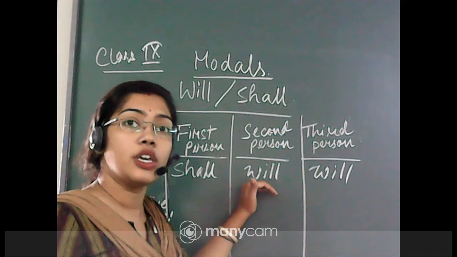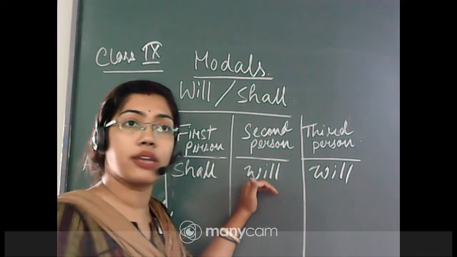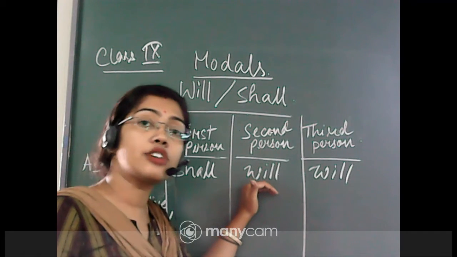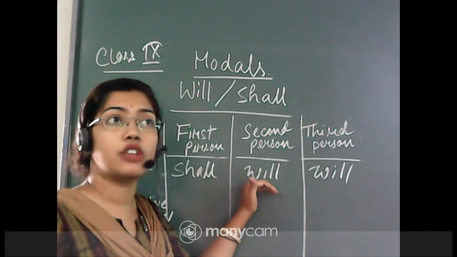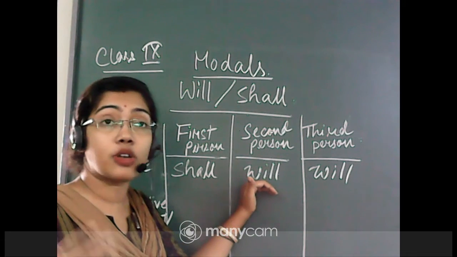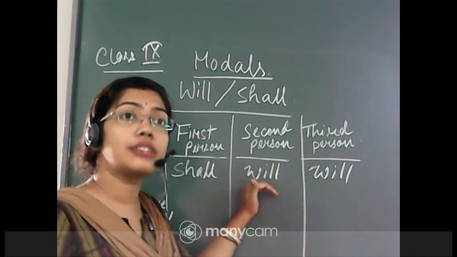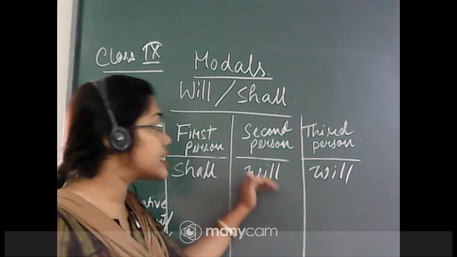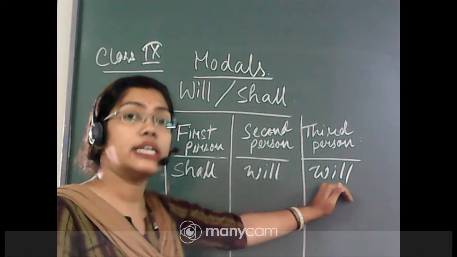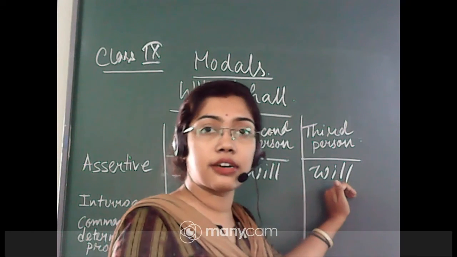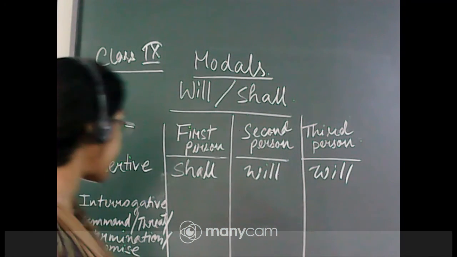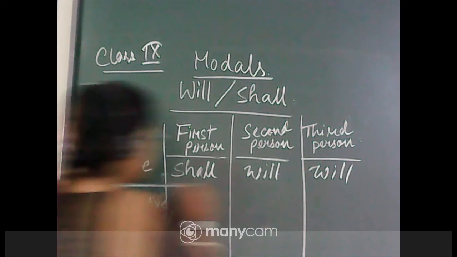If I say you will go to school tomorrow, then you bring the things, whatever. That is also an assertive sentence. I'm not showing any kind of intention, I'm not giving you any kind of promise or command, it's just a simple statement. Okay, same for the third person. Third person means he, she, they, it. Anyone's name is a third person. Fine. Now this is the assertive part.